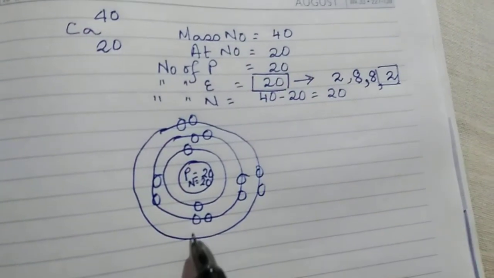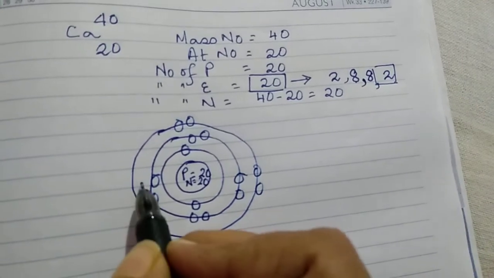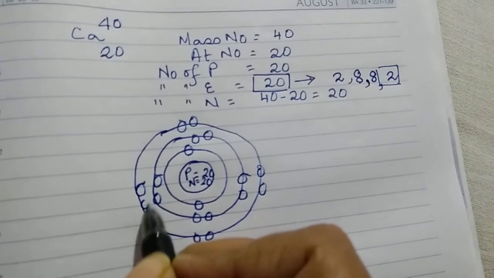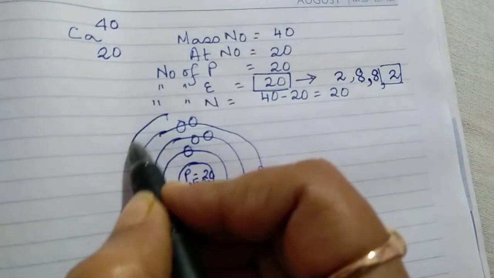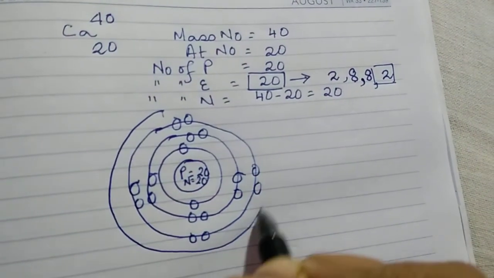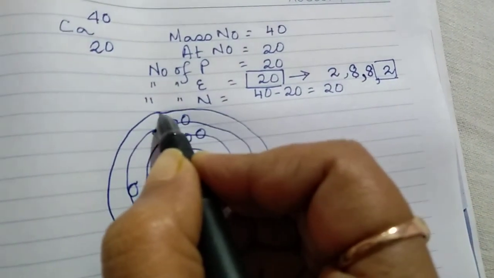You always show the electrons in a paired form beyond the first orbit. It will always be better. And in the last shell it is 2.